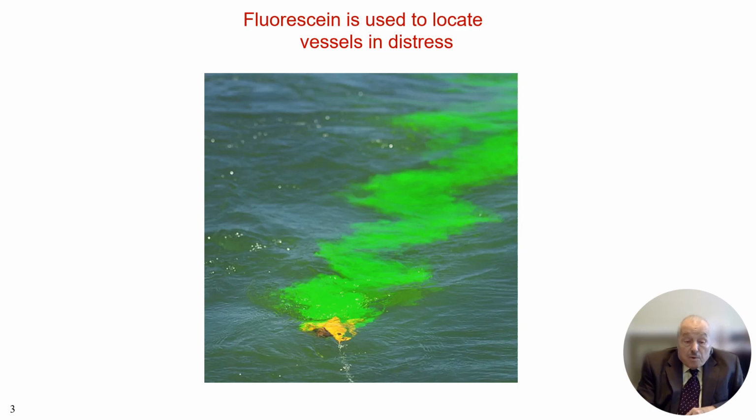What is fluorescence? If any of you are old enough to remember when the space capsules would drop in the ocean, and they weren't so sure where they would land in those days, they would need some type of signal, and a typical signal would be a bag of fluorescein, which is a fluorescent compound.